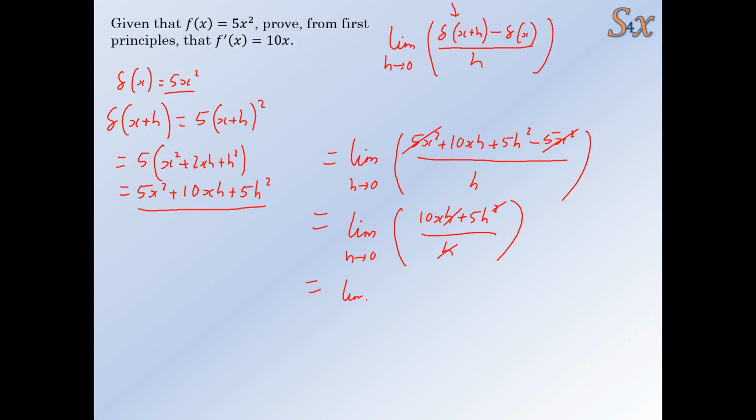That leaves us with the limit as h approaches 0 of 10x plus 5h. And remember this term, we said h is approaching 0, so it's going to be 5 times 0, which is 0. So that leaves us with 10x, and that is our dy by dx.